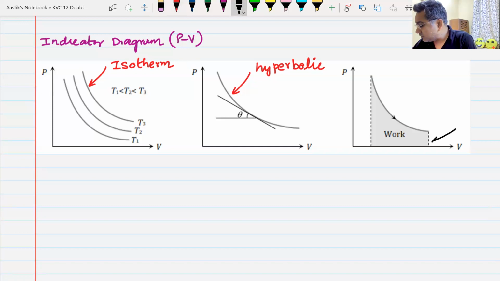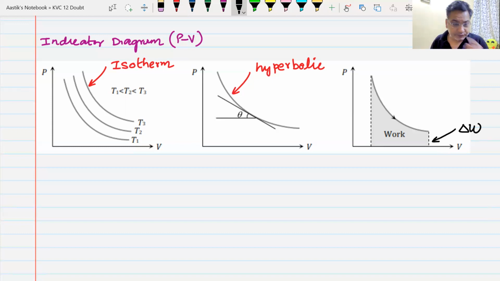If the gas is expanding, it is positive work. If the gas is contracting, it is negative work. No prizes for guessing that one.